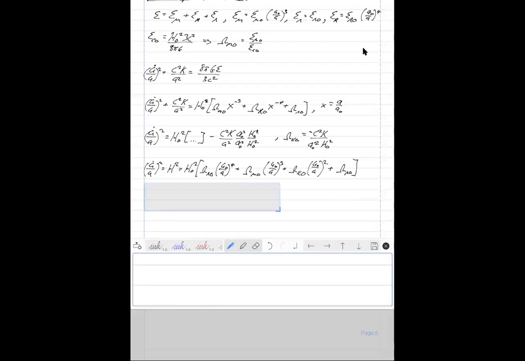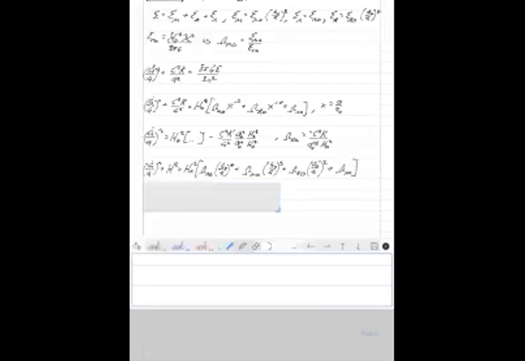All right, and once again, the goal is to find a solution for a as a function of time. And one would integrate that equation to get there.